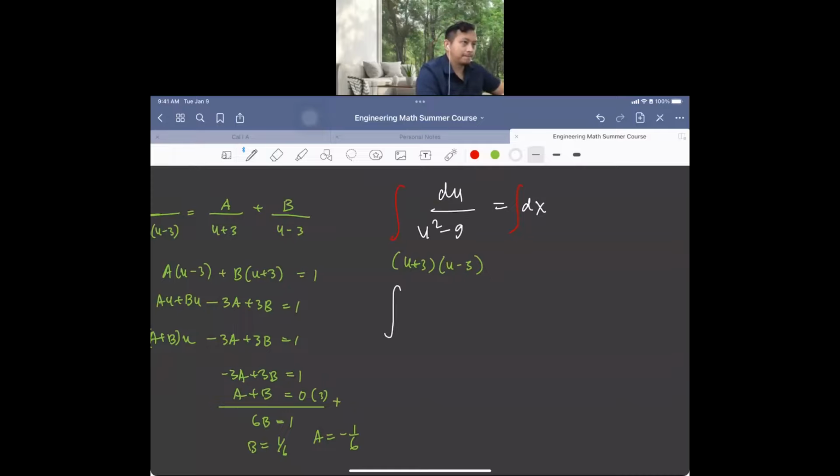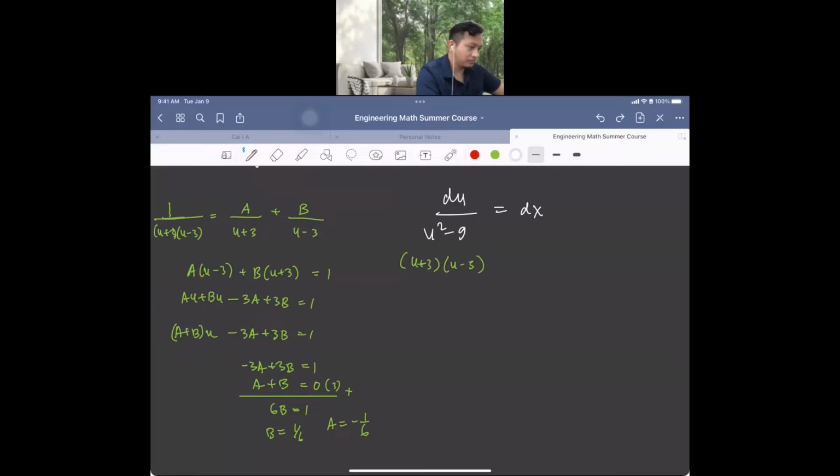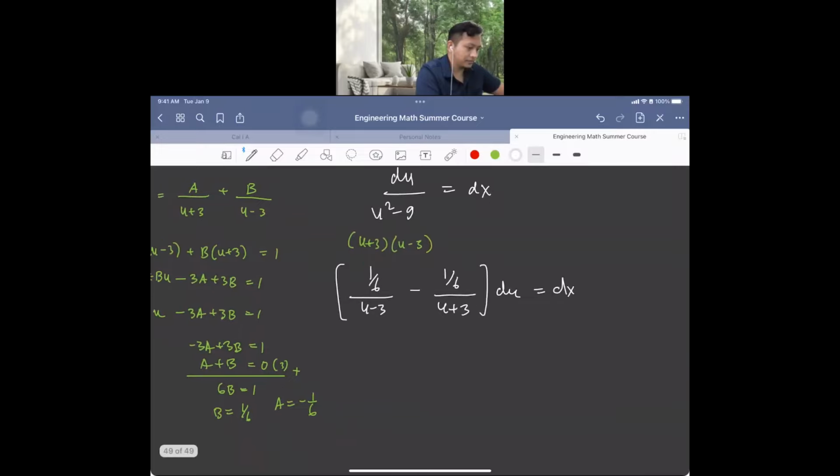So this will be 1 over 6, times 1 over u minus 3 minus 1 over u plus 3. Okay, and this will be du equals dx.